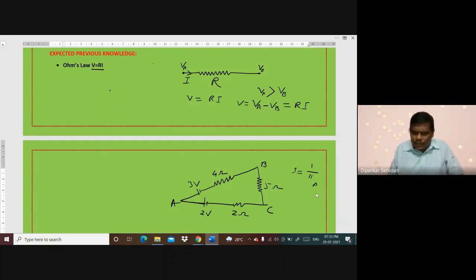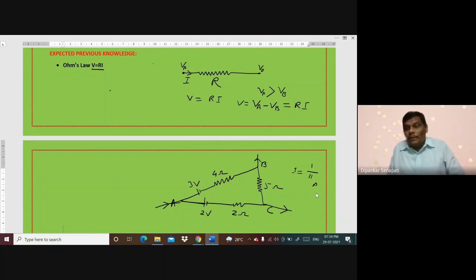Now suppose this is connected to a certain external circuit. This is also connected to a certain external circuit. This is also connected to another circuit.